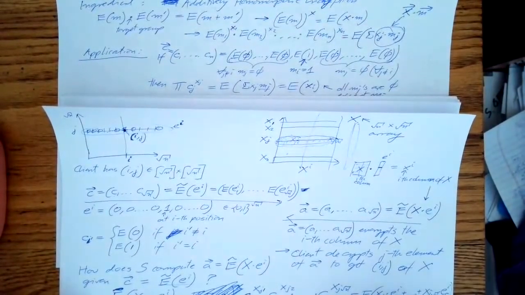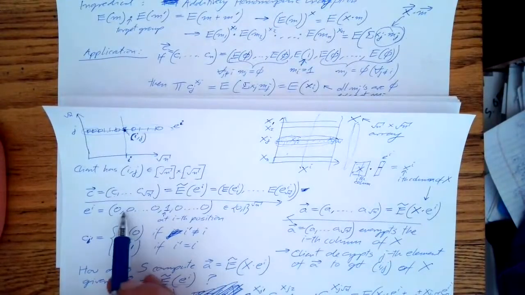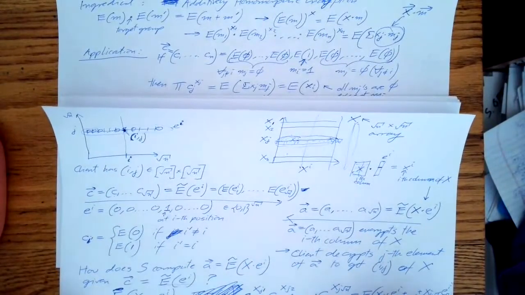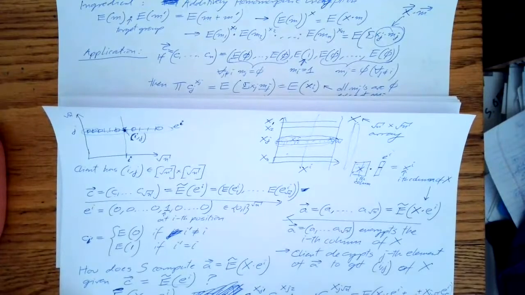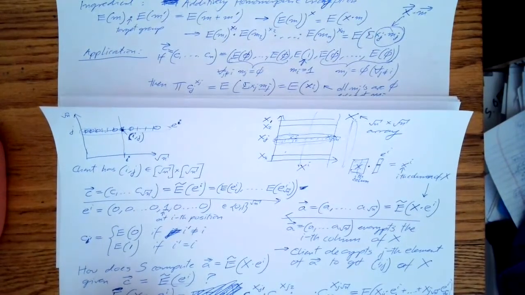And because the indicator vectors are zero everywhere except at the ith position, this will basically dig out the ith element in j's row. And that's AJ. So that's the element. So this is created for each J.